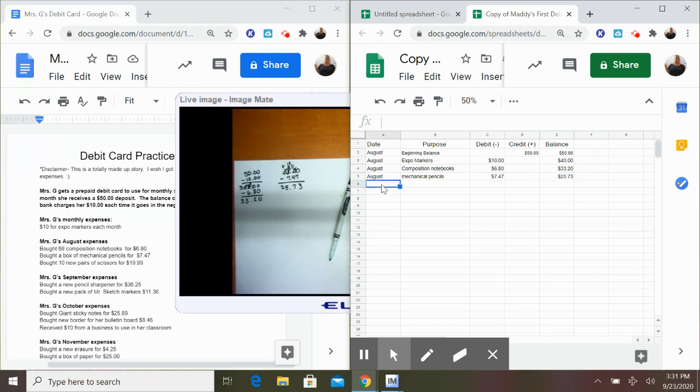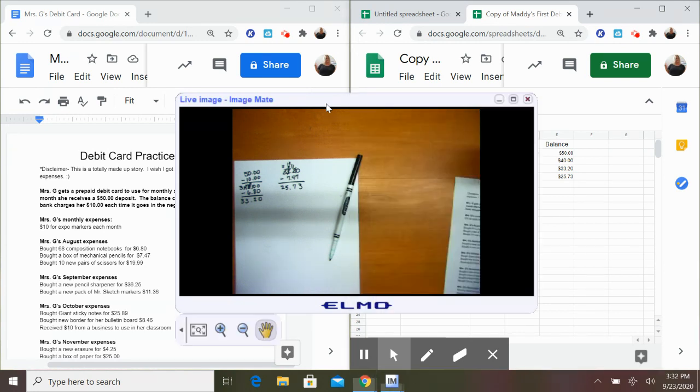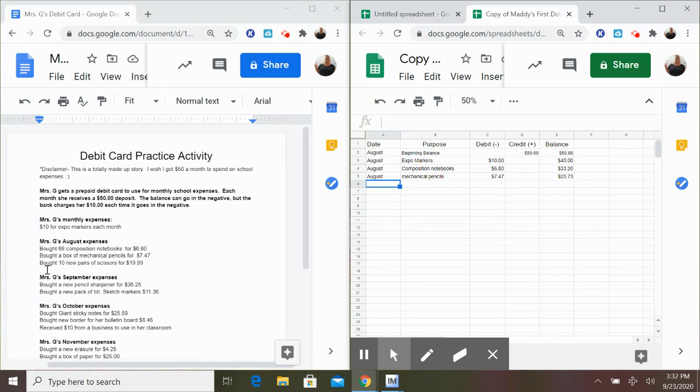Okay, now I look back over here. Hold on, let me put this away so we can see. I come back over here and I see that I bought 10 new pairs of scissors for $19.99. It's still August, so I'm going to put August. I'm going to put scissors. And I spent $19.99 on scissors.